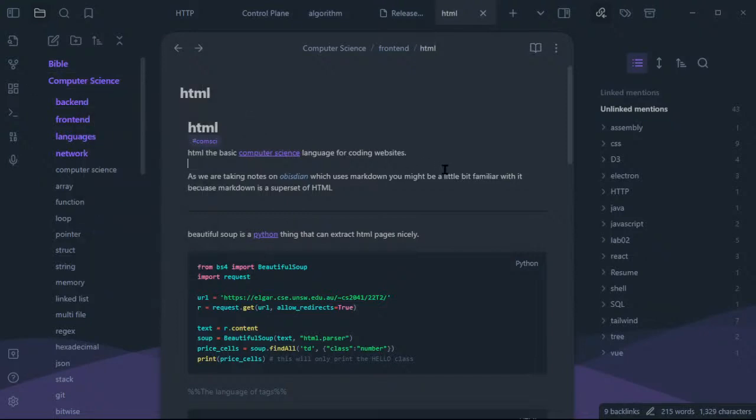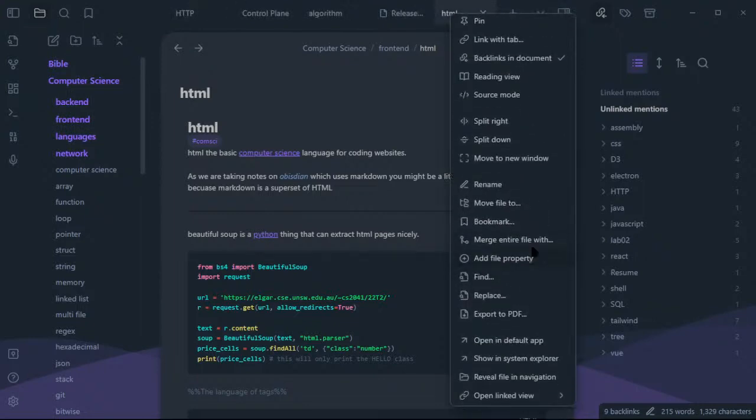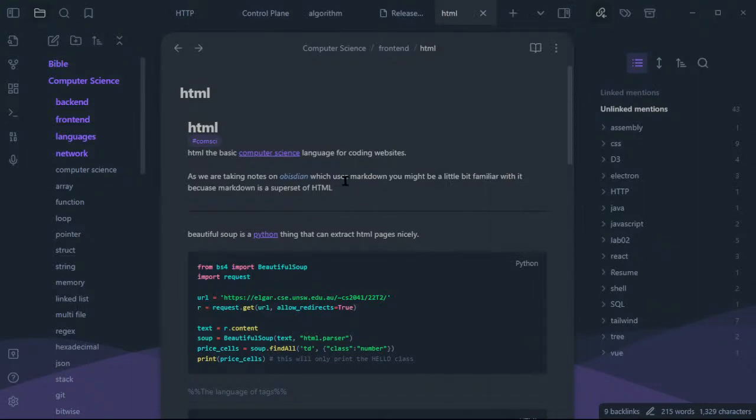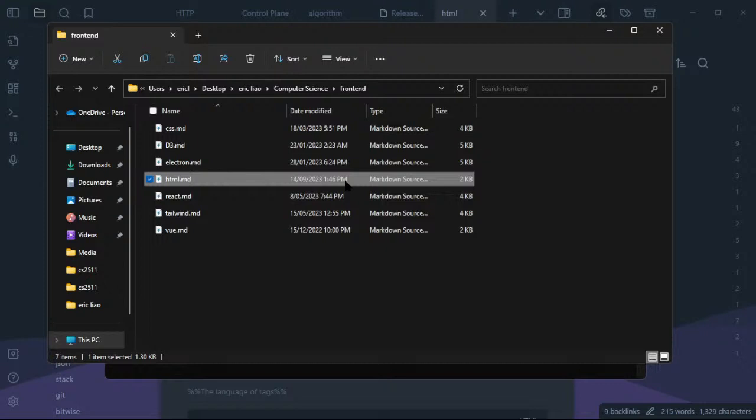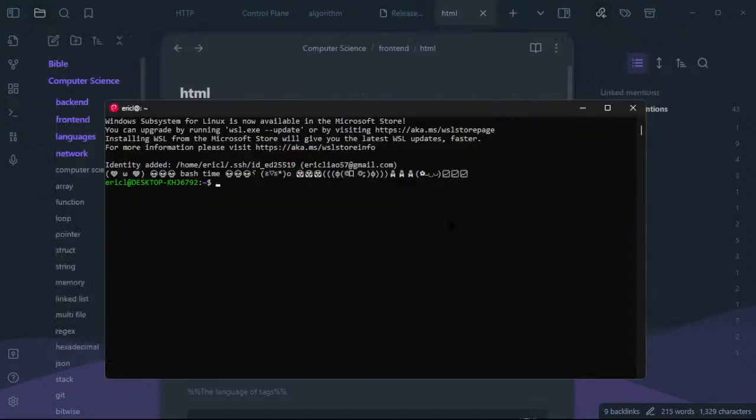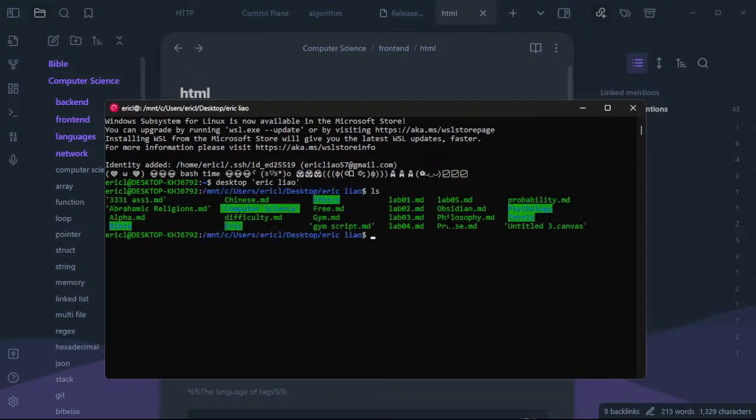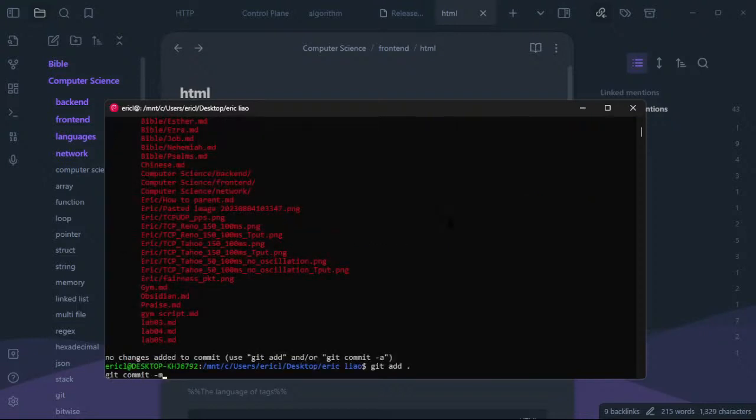Actually, oh, I feel like lab 3 for these ones.